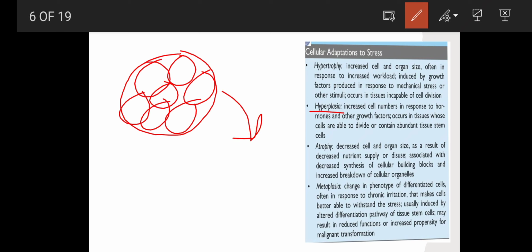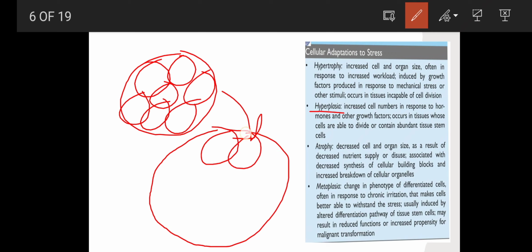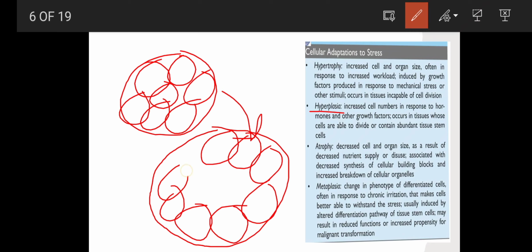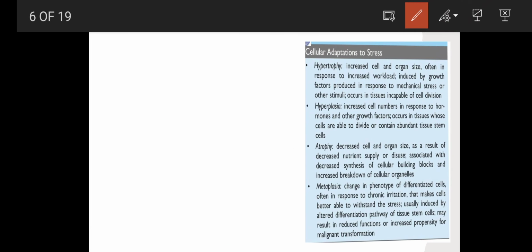When the cell gets injured and tries to adapt to those injurious conditions, the cell number will increase. So the number of cells increases in hyperplasia, whereas in hypertrophy the cell size increases.